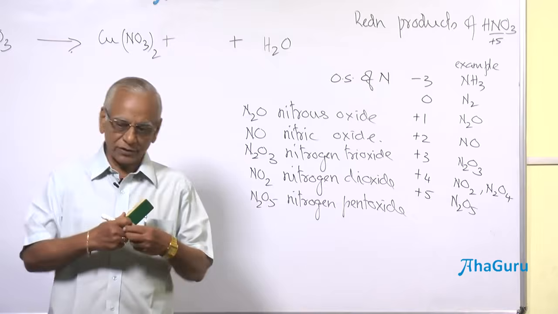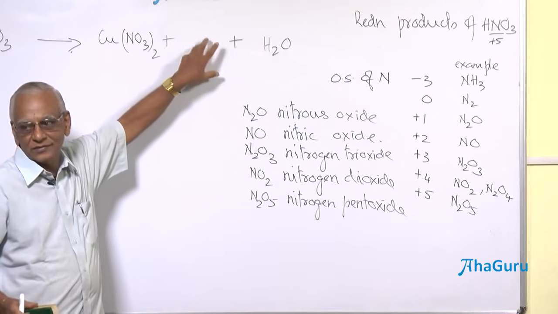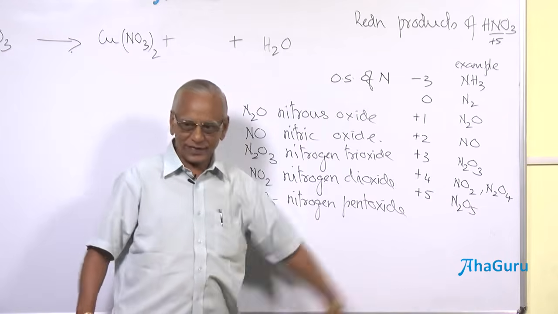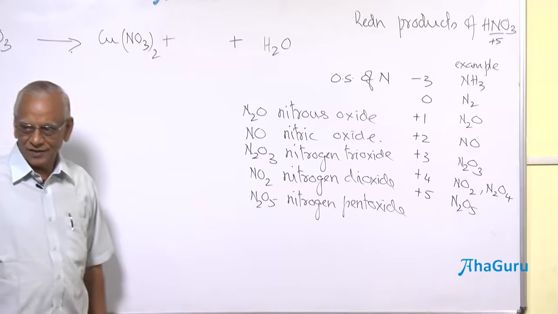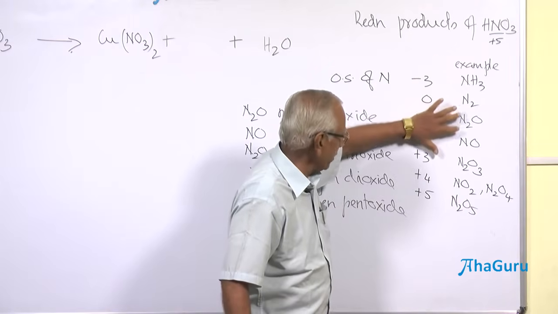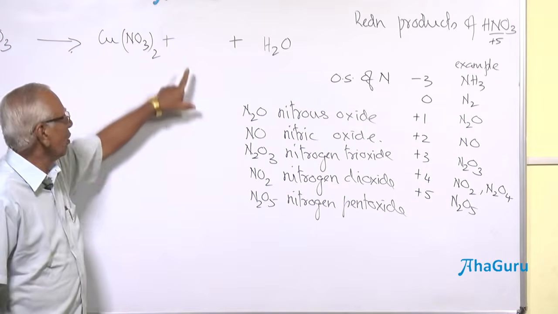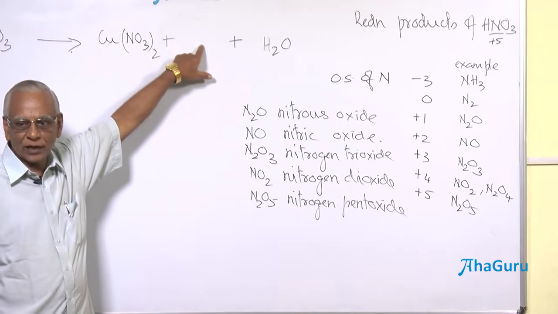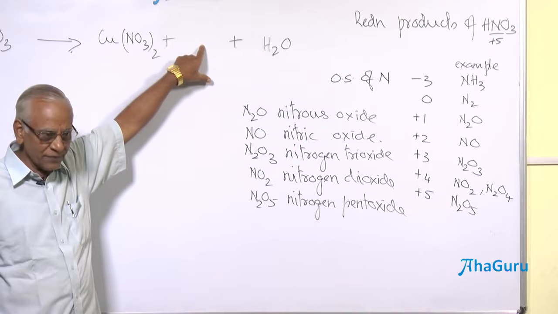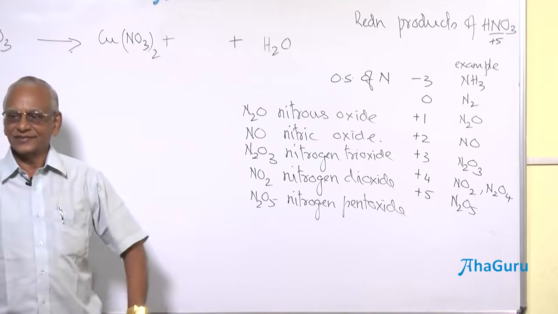Let me formulate one question before we come to the balancing of the equation, and still we are yet to fill the gap here. We will come back here. It should be one of these products, of these different products 1, 2, 3, 4, 5, 6, 7, 8. You cannot put just any one of these 8 compounds here, because I have to put the reduction product of nitric acid.